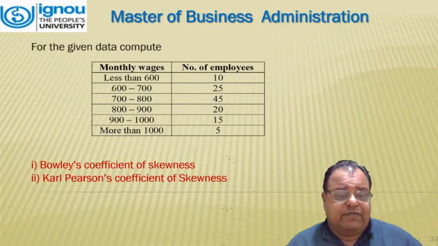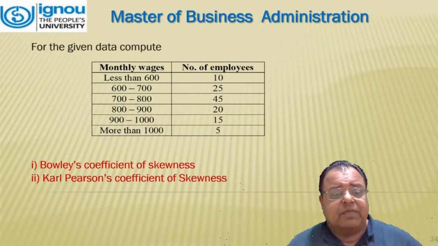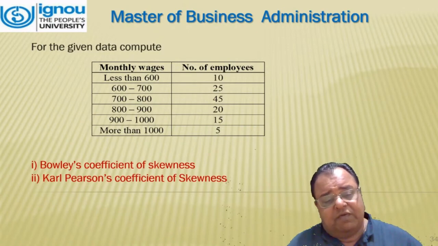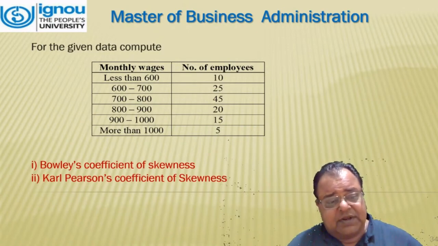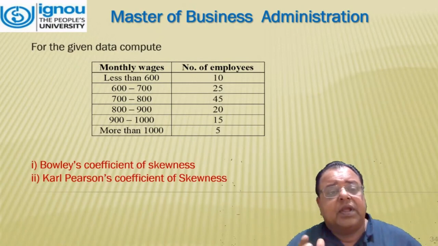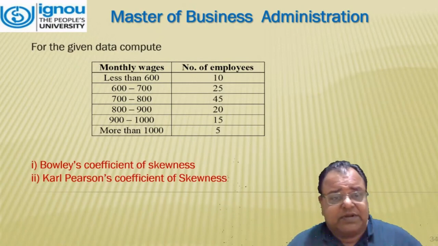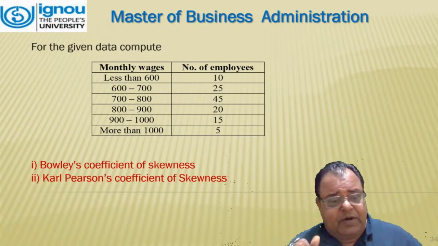Now, we have the problem related to calculating the Bowley coefficient of skewness and Karl Pearson coefficient of skewness. This data is given to us: monthly sales, monthly wages, and number of employees.